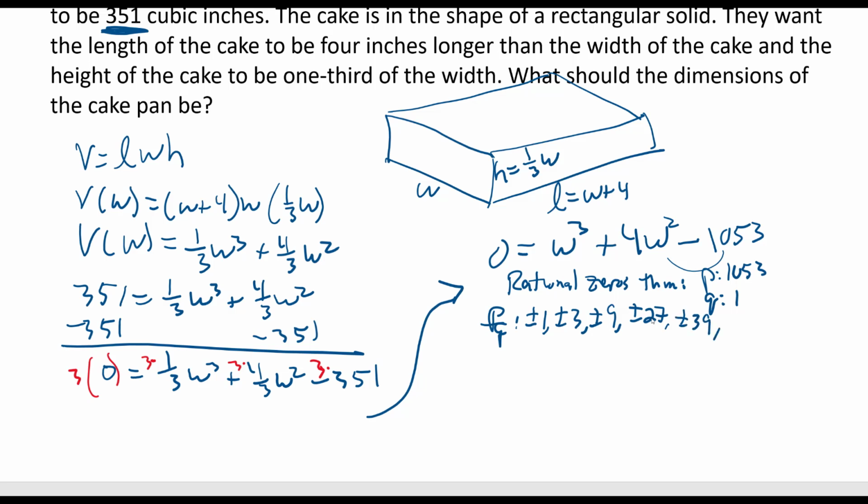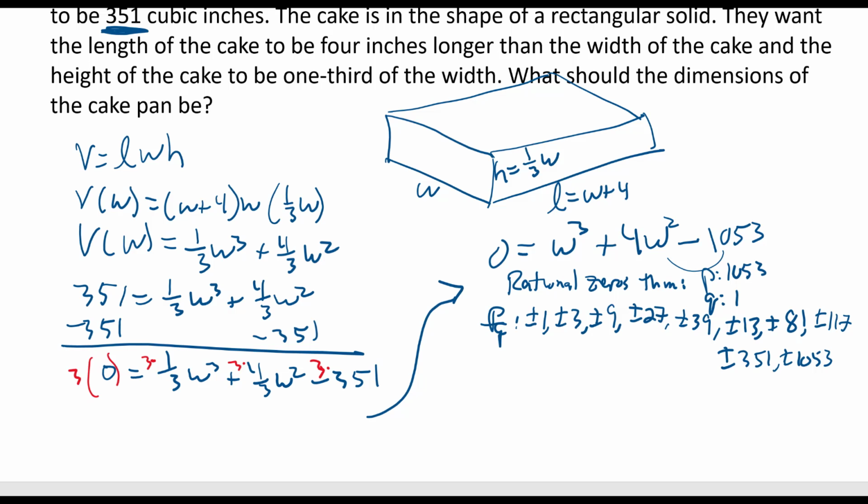I missed one, plus or minus 13. Plus or minus 81. Plus or minus 117. And plus or minus, oh, there's two more, 351 and 1053. The answer is probably going to be something on the smaller end. I'm almost thinking like 3 or 9.